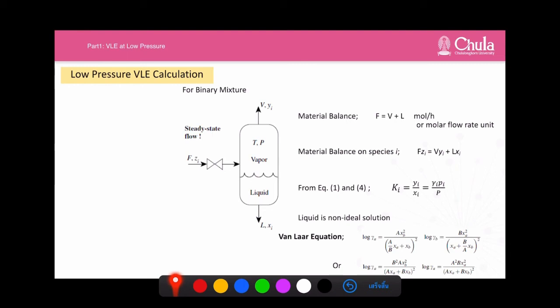So far we have discussed several VLE models, right? Vapor liquid equilibrium. Now we're going to apply all these things to calculate some parameters.